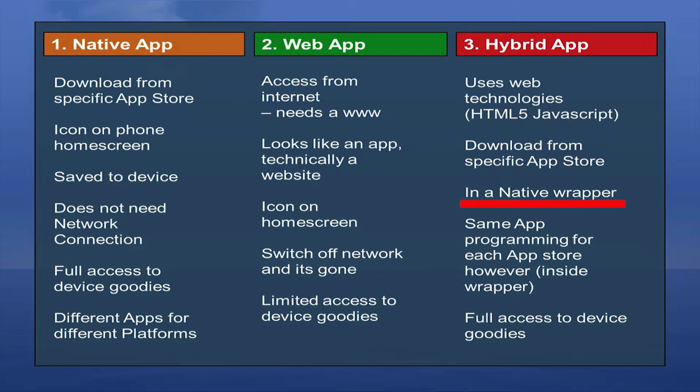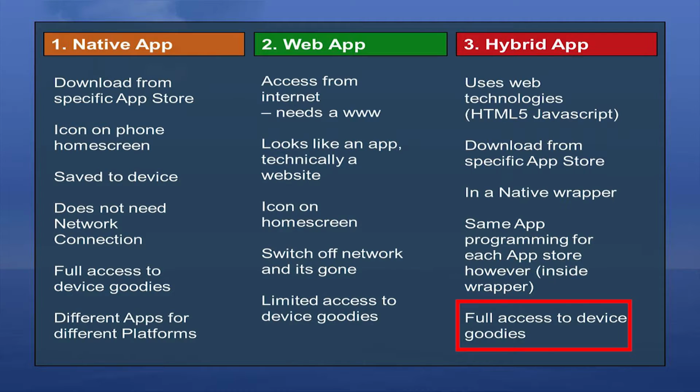You take your web technologies, put them in the wrapper, and it's able to be downloaded from iTunes or Google Play. So it's quite a neat way of introducing, if you're more proficient in web technologies, then you can choose to develop apps using that route. Also, because you're using the same programming language for each app store, it reduces the effort and consequently the price as well.